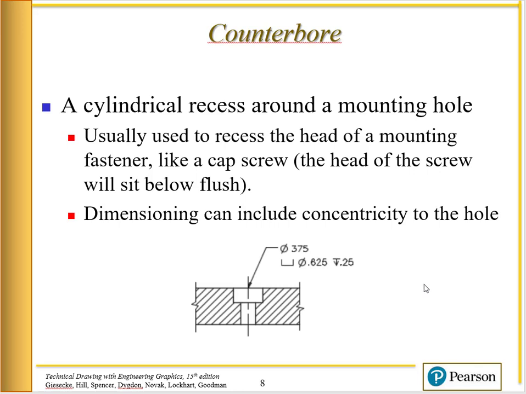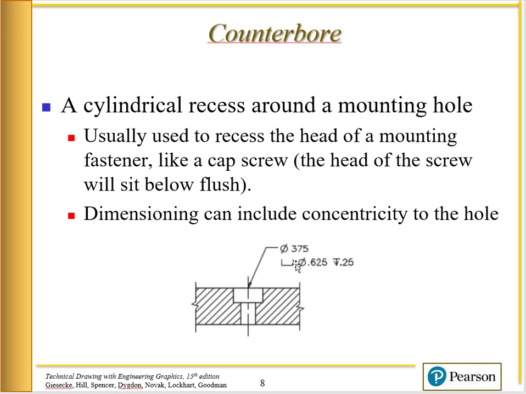The basic dimensioning requirements for a counterbore are, first of all, what is the counterbore diameter? Well, excuse me. This diameter here is for the through hole, and typically you would see THRU here. So the diameter .375 is for the through hole.